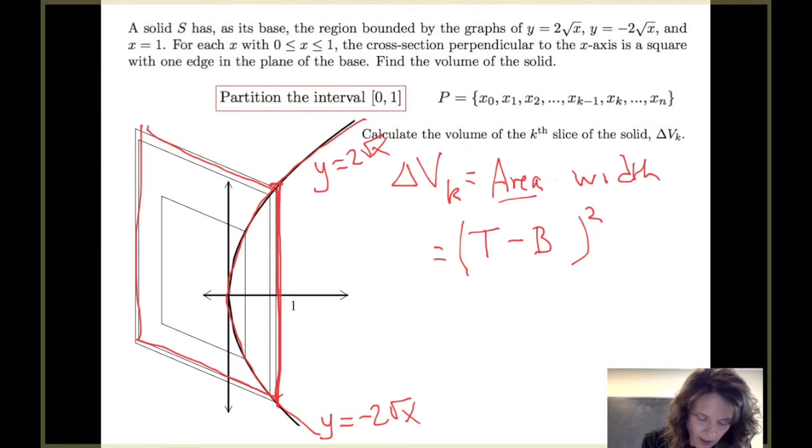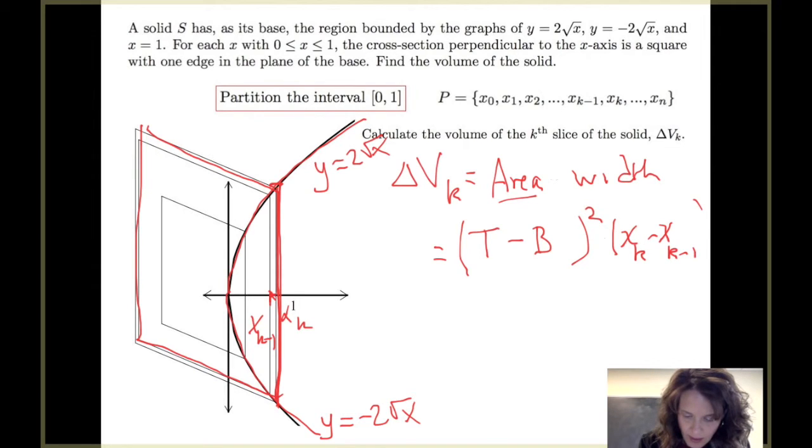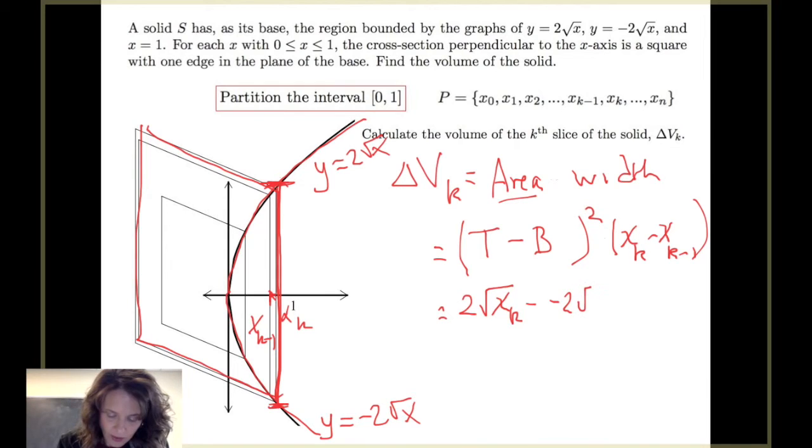And the width is going to come from that change in our consecutive partition points. So this was x sub k minus 1. This is x sub k. So my width is going to come from x sub k minus x sub k minus 1. So the top value comes from inputting x sub k into my greater function. So I've got 2 times the square root of x sub k minus negative 2 times the square root of x sub k.